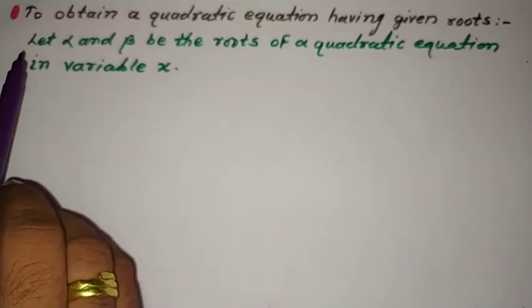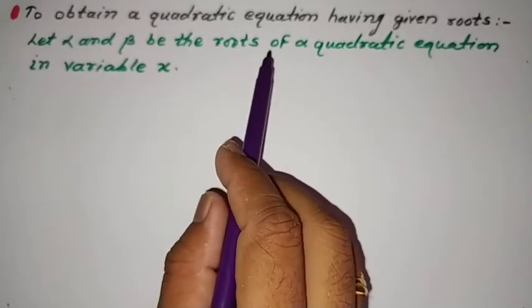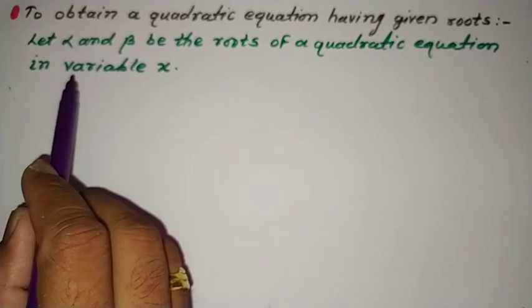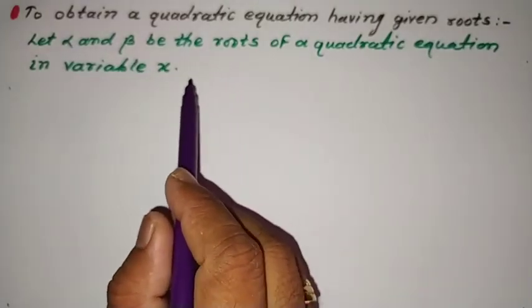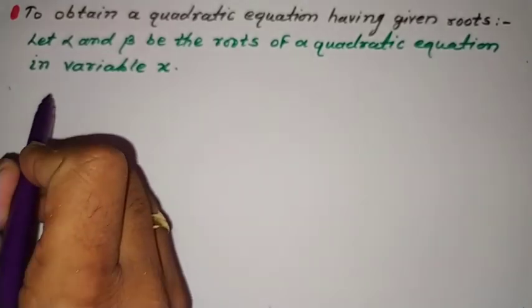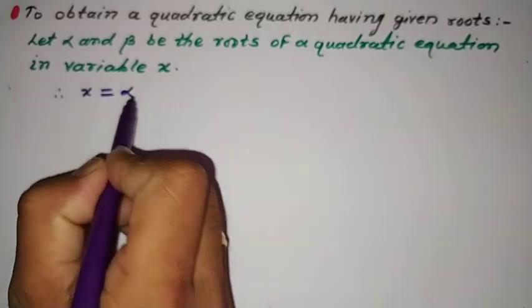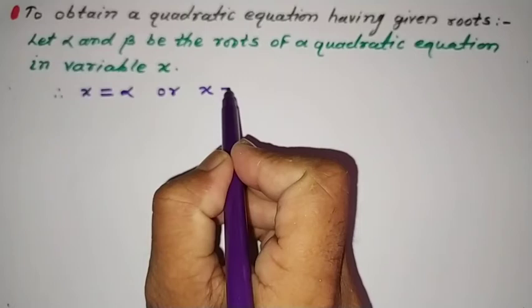Let's see the next part. To obtain a quadratic equation having given roots, let alpha and beta be the roots of a quadratic equation in variable x. Therefore, x is equal to alpha or x is equal to beta.